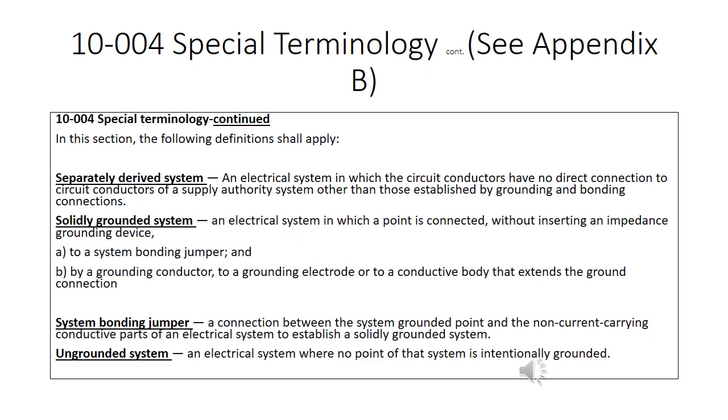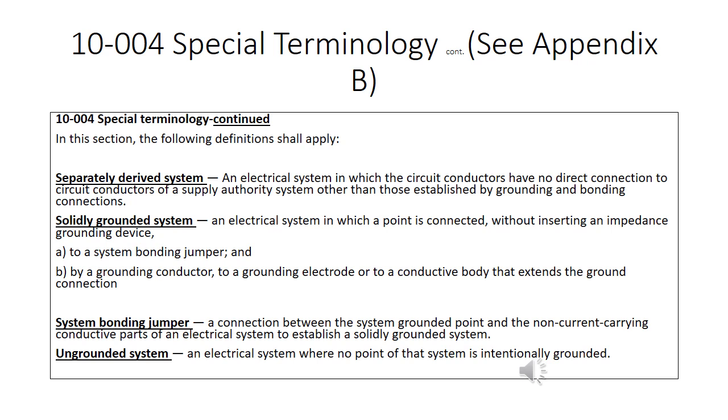Carrying on with the remainder of 10-004, special terminology, definitions. Separately derived system: an electrical system in which the circuit conductors have no direct connection to the circuit conductors of a supply authority system other than those established by grounding and bonding connections.